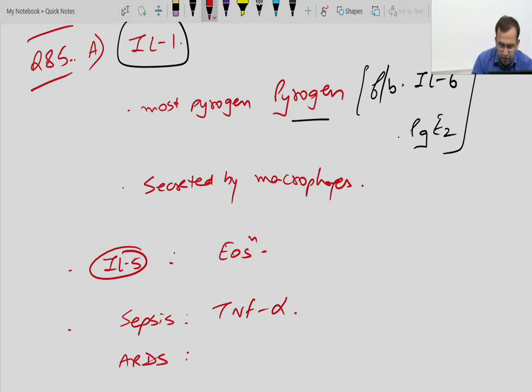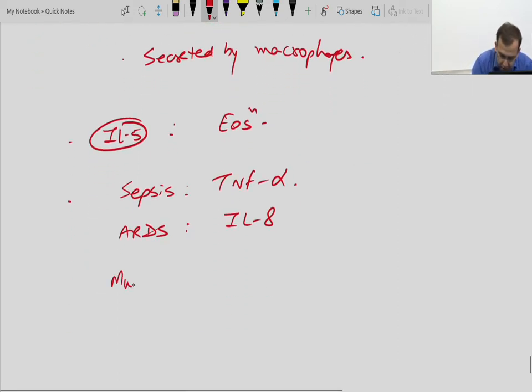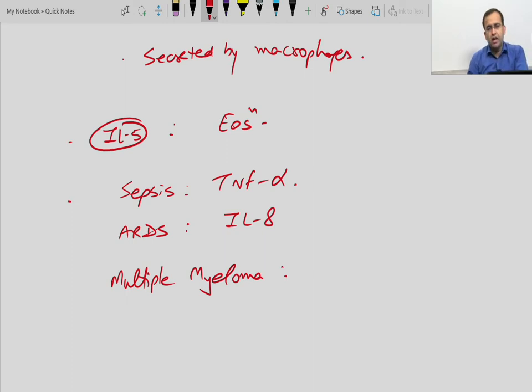The main cytokine involved in ARDS, acute respiratory distress syndrome, is interleukin 8. This is non-cardiogenic pulmonary edema. Last point, the whole pathogenesis of multiple myeloma is due to overexpression of which cytokine?